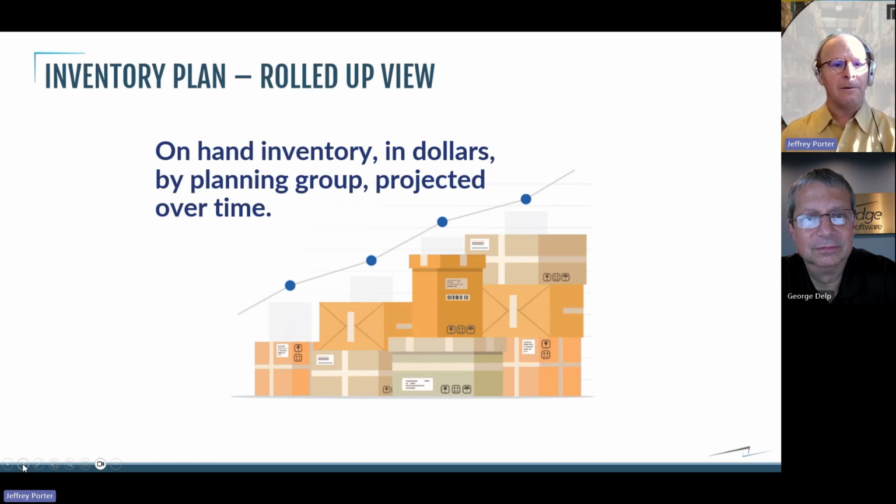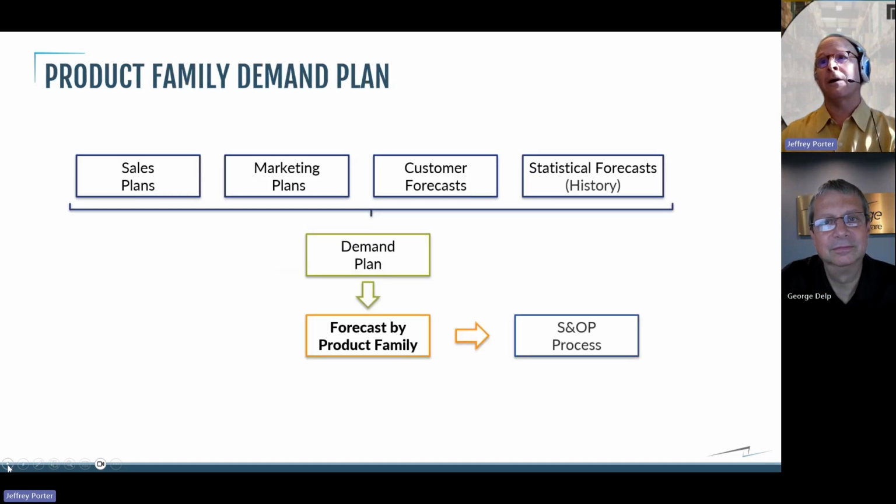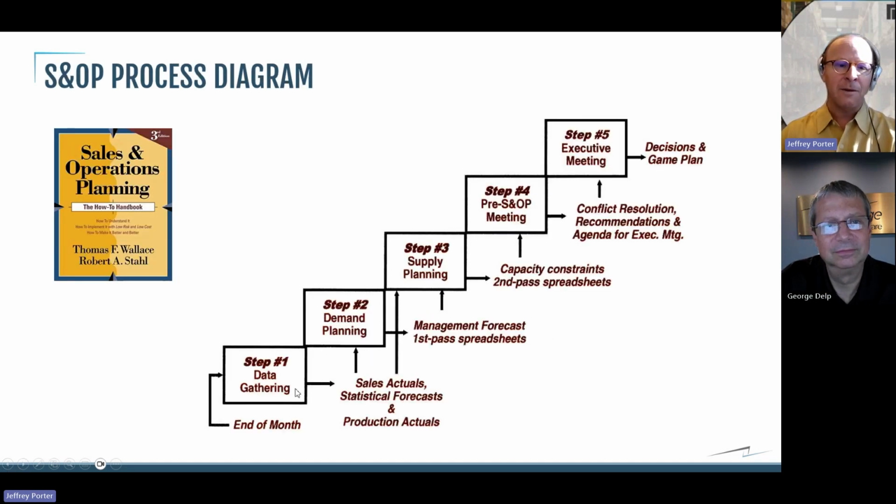That's another key element. One other component too, if I can go back into it: technology is a facilitator of an S&OP process. We talked back here in the overall plan on the data gathering. I talked about the spreadsheets. If we don't have a good platform in place, a good ERP that can deliver the information, if we don't have a good planning system that can deliver this information rolled up and disaggregated quickly.